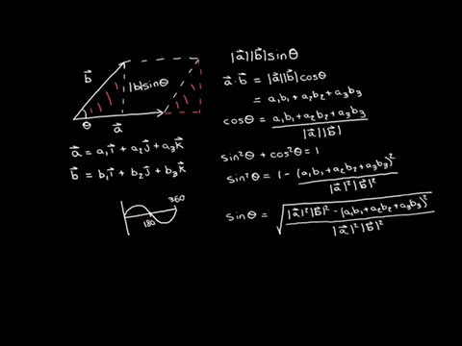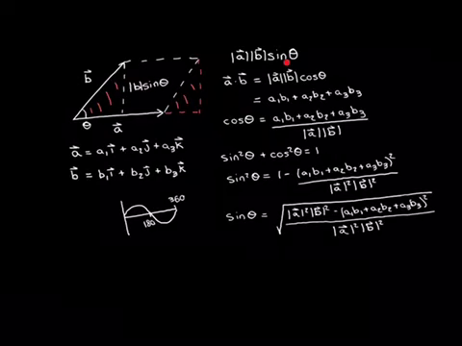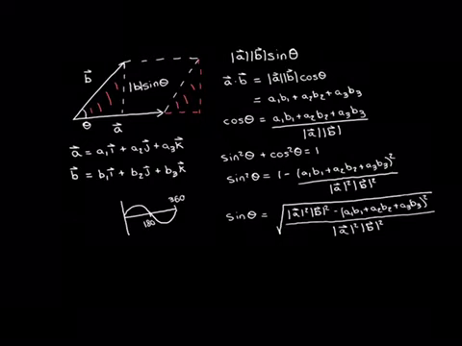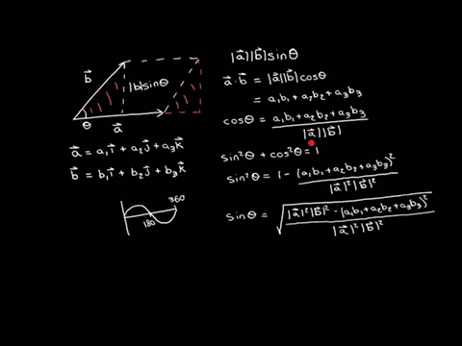Another argument for that is, remember, we're trying to find this area. The modulus of a is going to be a positive number. The modulus of b is going to be a positive number. So sine of theta also needs to be a positive number. If you put in a negative number there, then you're going to get a negative answer for what the area is equal to. So again, that's another argument for why we're only interested in the positive square root. We're not interested in the negative square root. But yes, of course, the negative square root would satisfy this formula.